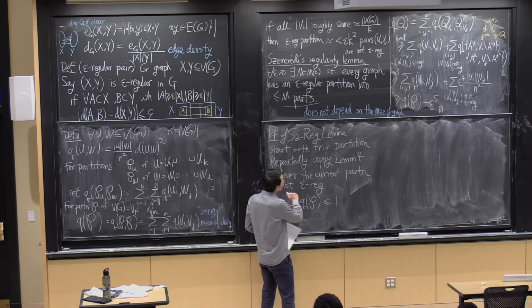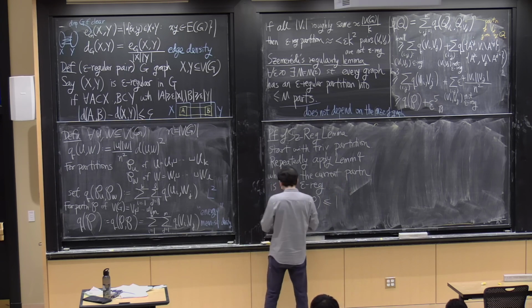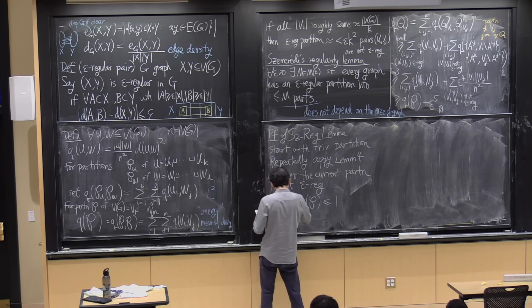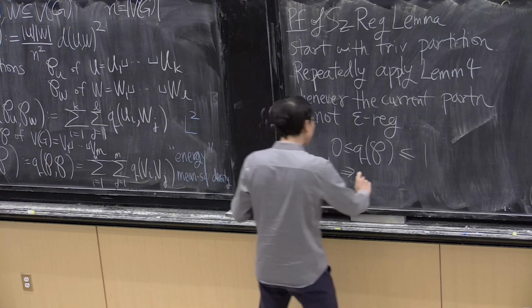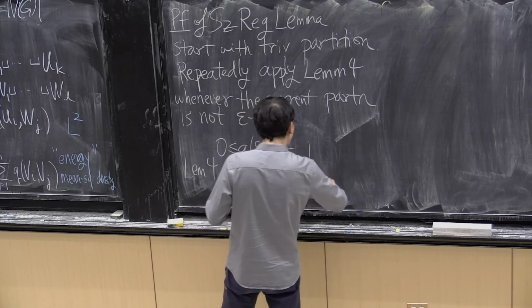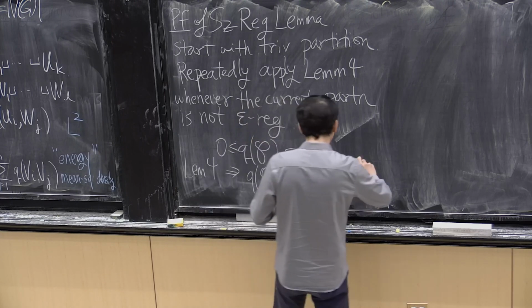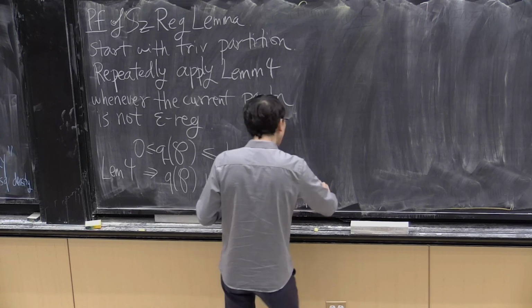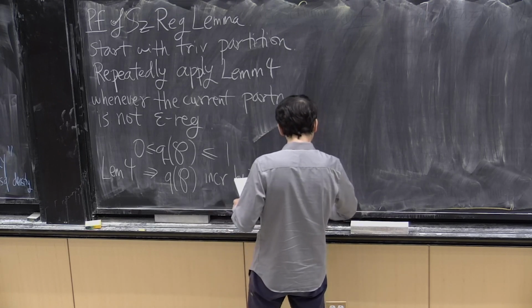On the other hand, lemma 4 tells us that the energy increases by at least epsilon to the 5th power at each iteration.